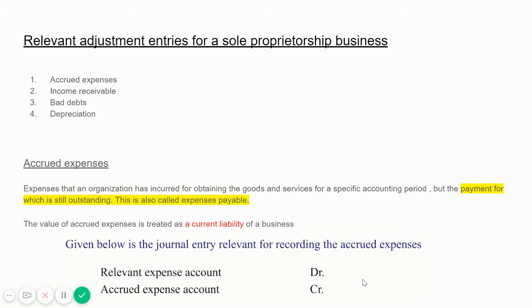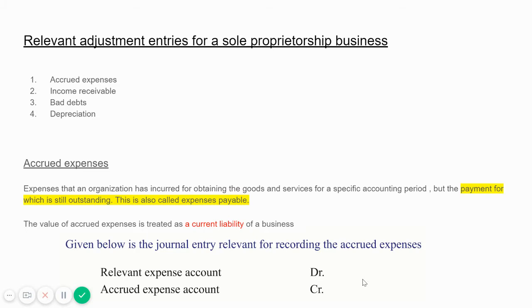Then let's see the relevant adjustment entries for a sole proprietorship business, because in our O-level syllabus, we are only preparing the financial statements for sole proprietorship businesses, and we will be following basically four types of adjustment entries. The first one will be the accrued expenses.